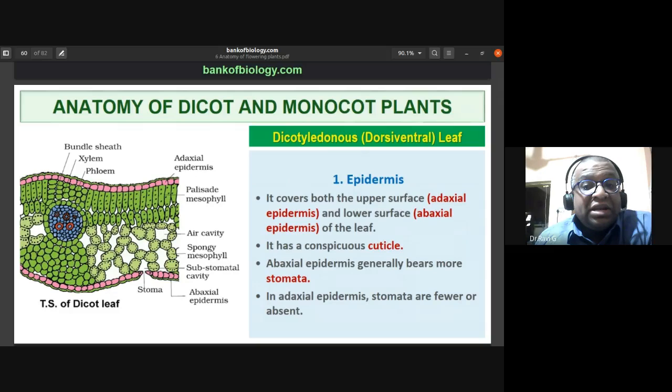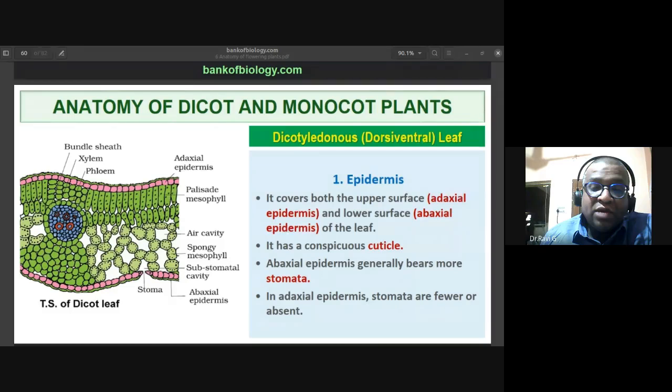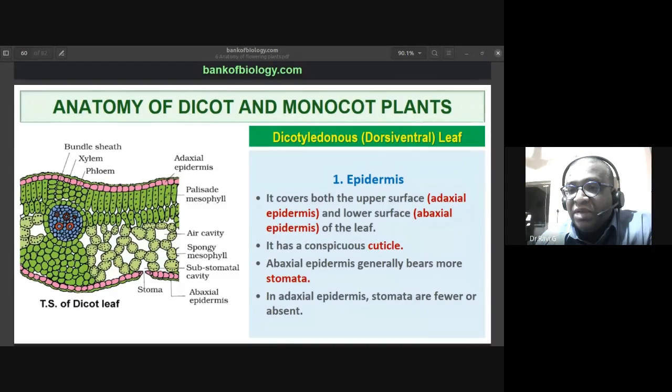Then we discussed the monocot leaf and dicot leaf. Dicot leaf is also called dorsiventral leaf. The important point that you can notice here in case of the dicot leaf is they have a reticulate venation. Monocot leaf has a parallel venation. They have both upper and lower epidermis. Upper epidermis is called adaxial.